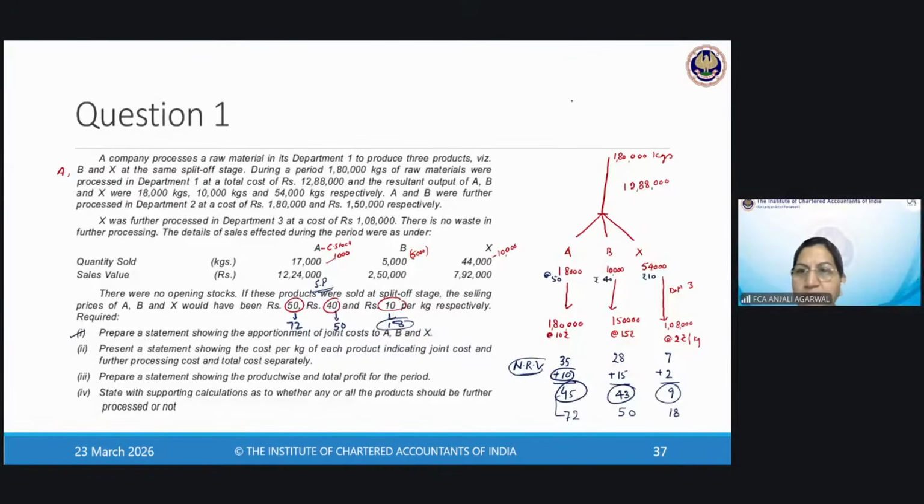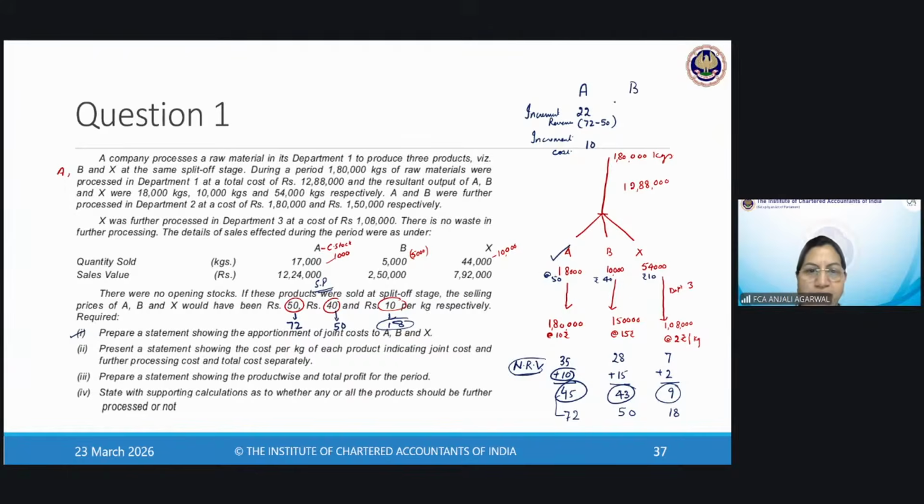So for product A, the incremental revenue is 22, 72 minus 50, whereas the incremental cost, that's the post separation cost, is only 10 rupees. So you are getting 12 rupee per unit extra by further processing it. So A should be processed further.